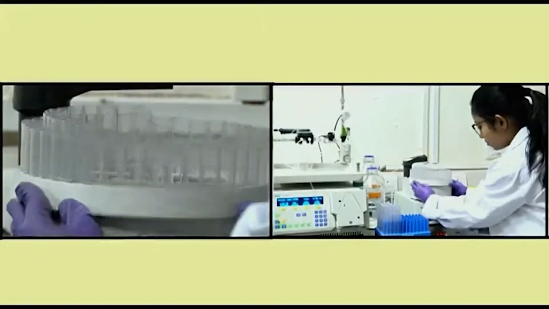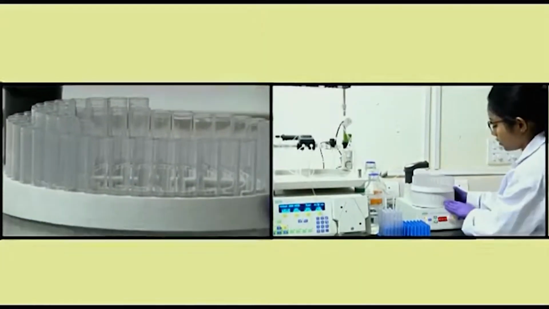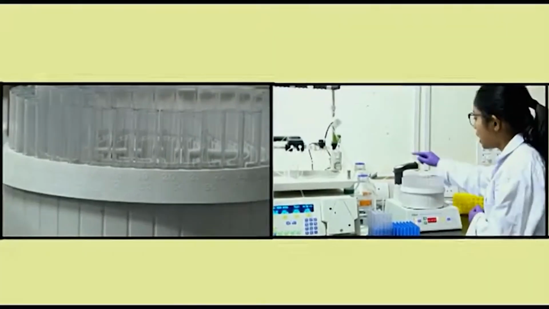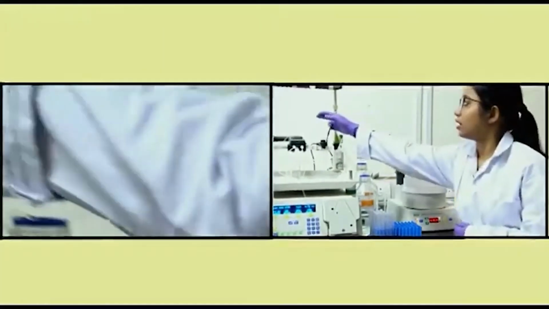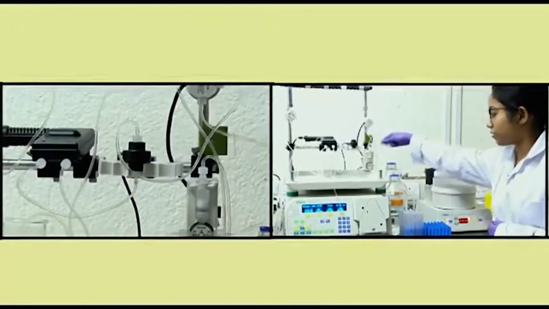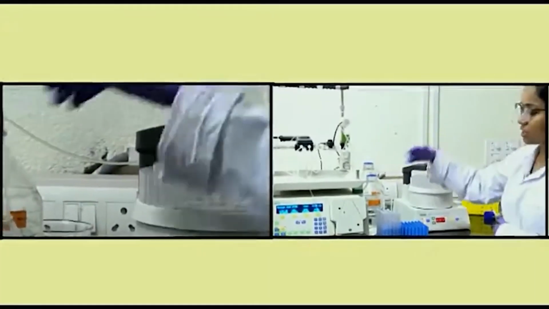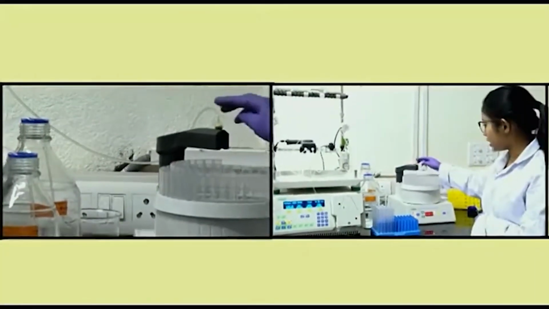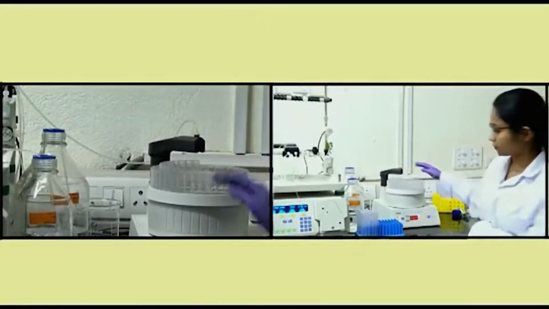Now, I will set up this particular fraction collector properly. There are markings which will help you set it up properly, and this is the collector tube which is coming from this column, going through this UV and then conductivity, and then from here it is coming out, and I will put it like this. When I start the program, it will start collecting whatever flow is coming out of the column.